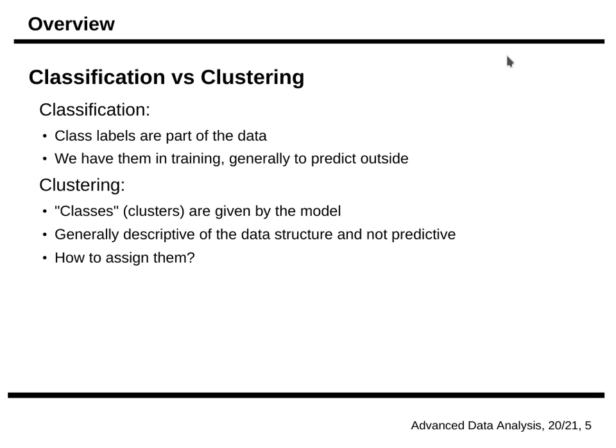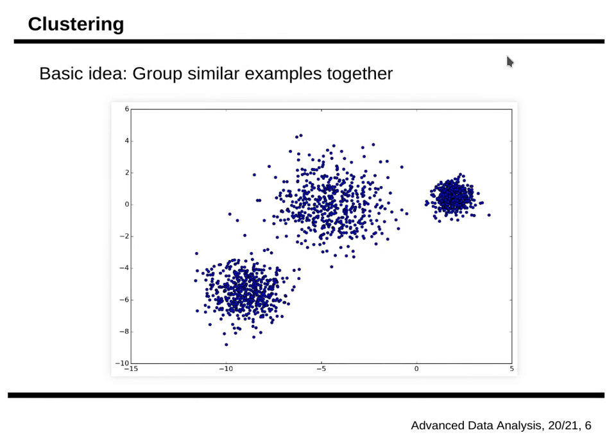So the question that arises in clustering is: how are we going to assign these cluster labels to our data? The basic idea is to try to group together things that are similar and keep apart entities that are different. If we have these clouds of points in 2 dimensions, we can consider that we have, for example, 3 clusters here.